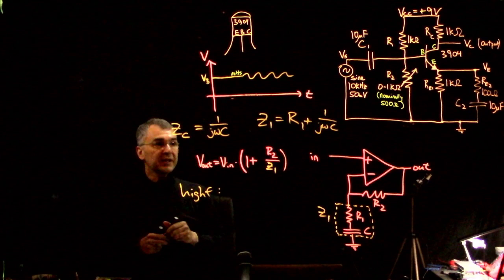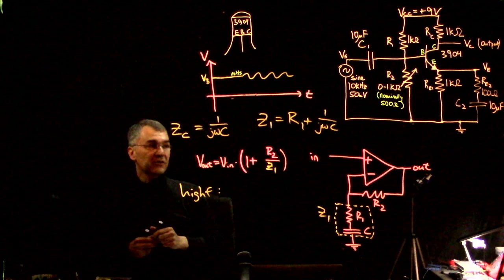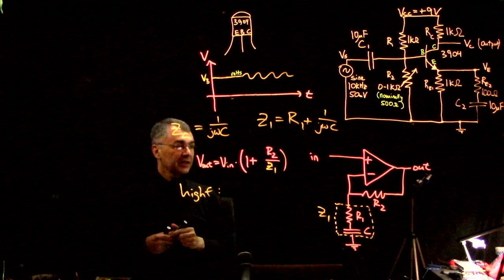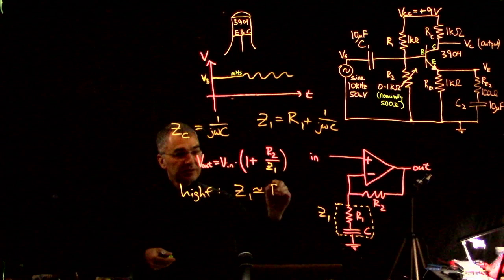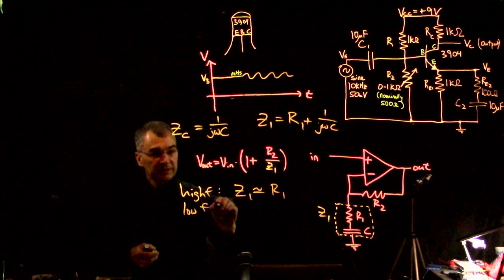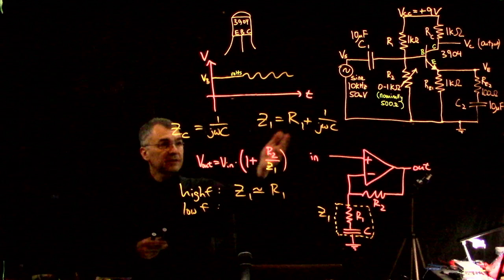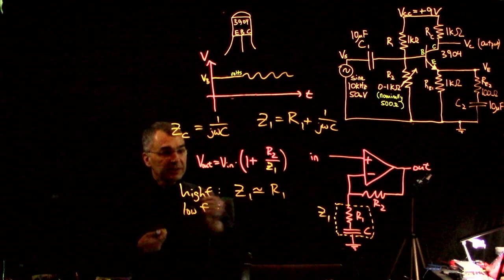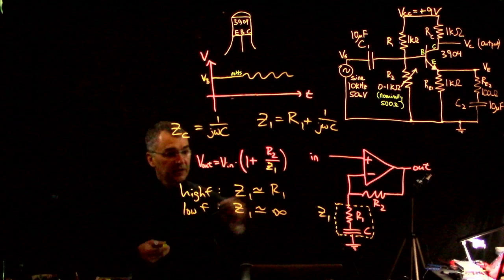At high frequency, omega is very big, so the impedance of the capacitor is tiny, and Z1 is basically R1. At low frequency, if omega goes to 0, we have basically an infinite impedance, so Z1 goes to infinity.